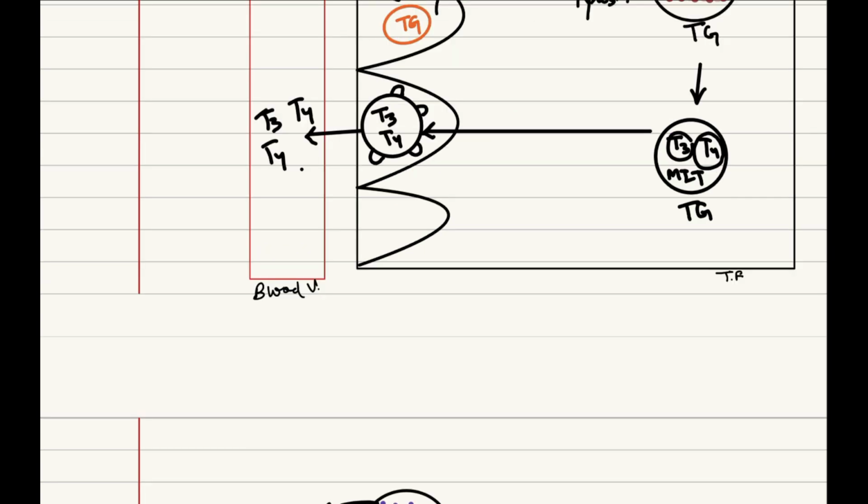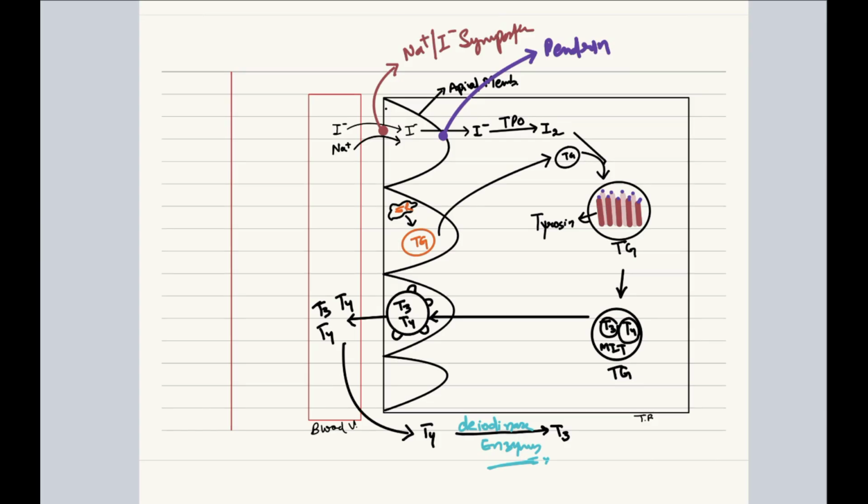T4 is the predominantly secreted hormone. It is converted into T3 in the peripheral tissues by deiodinase enzymes. And this is the synthesis of thyroid hormone.